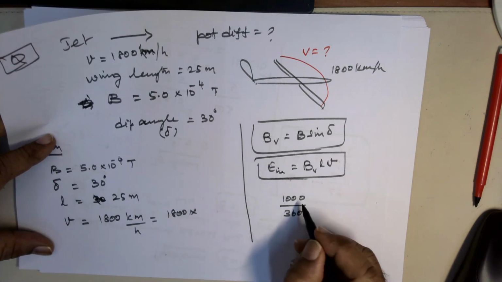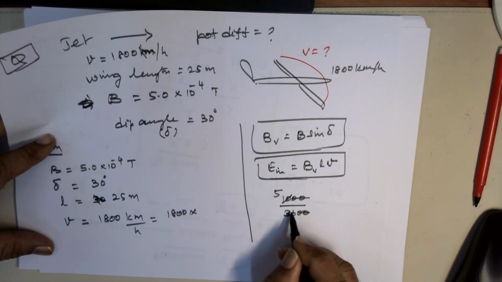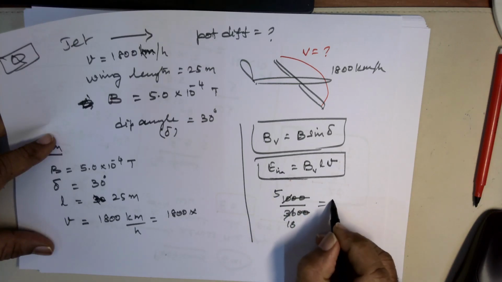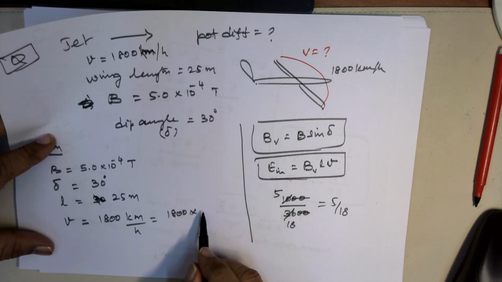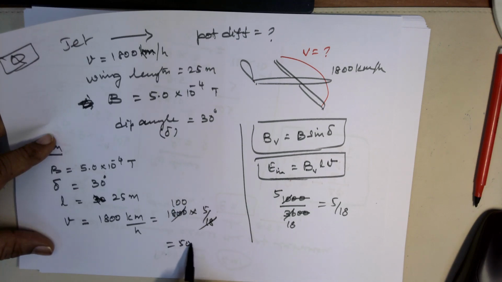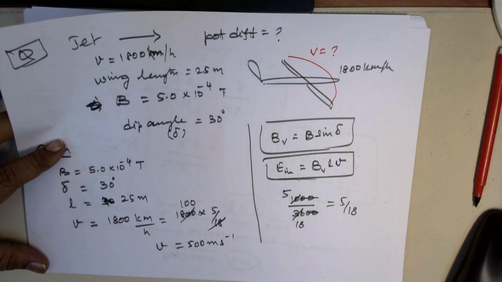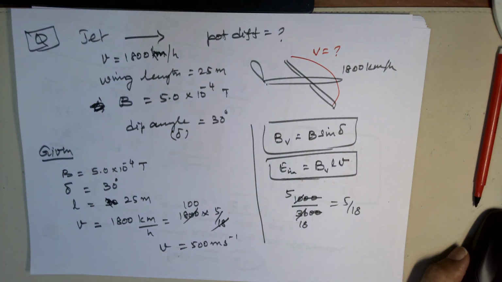So the zeros cancel, and this is 5 and this is 18. So we introduce this 5 by 18 factor to convert into meter per second. So 500 meter per second. In 1 second, 500 meter is traveling. So this is the V.